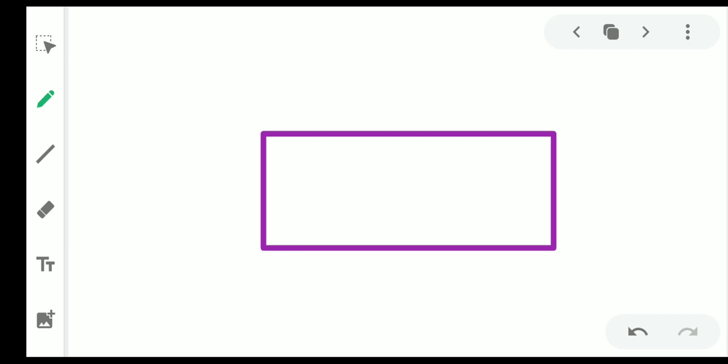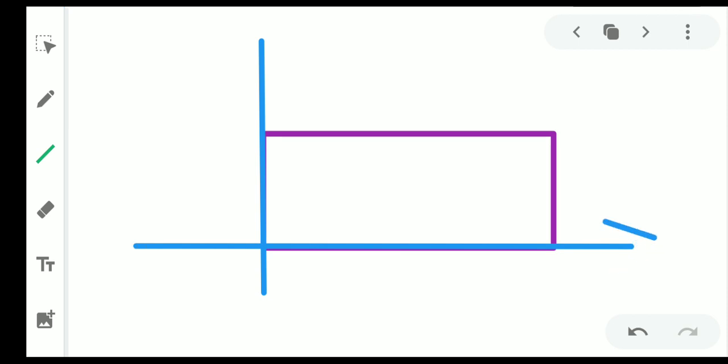Again I am telling you, this is the y-axis and this is the x-axis.